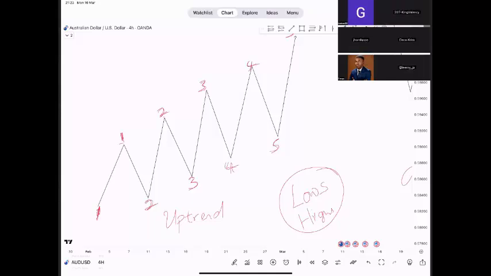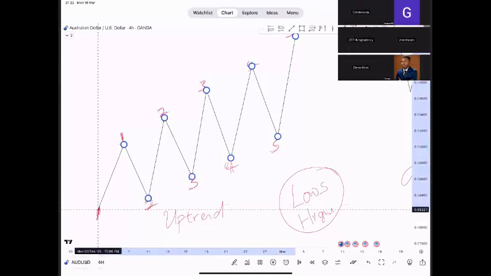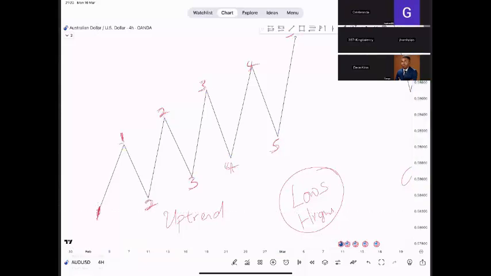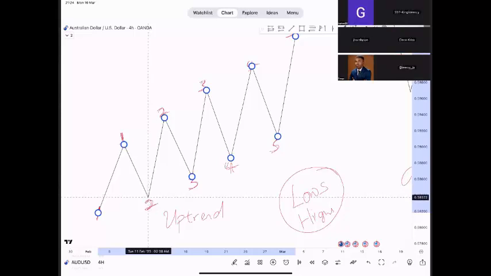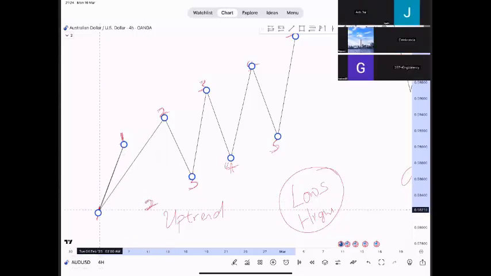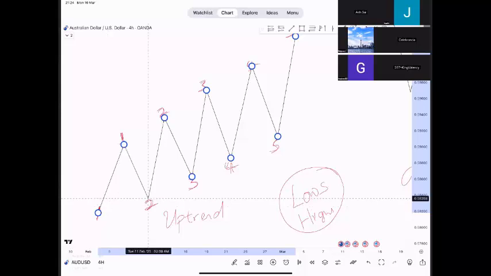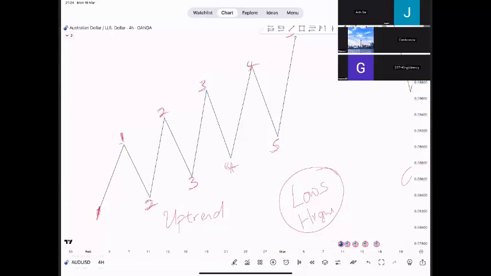Now, I want you guys to notice something. If you look at my screen very well, you would see something. This point that I called low 2, can you see that this low 2 is actually higher than low 1? When you see that something is lower than something, it means that thing goes below the previous.